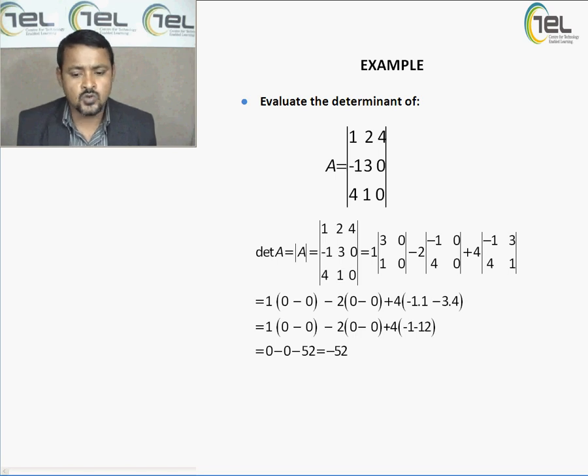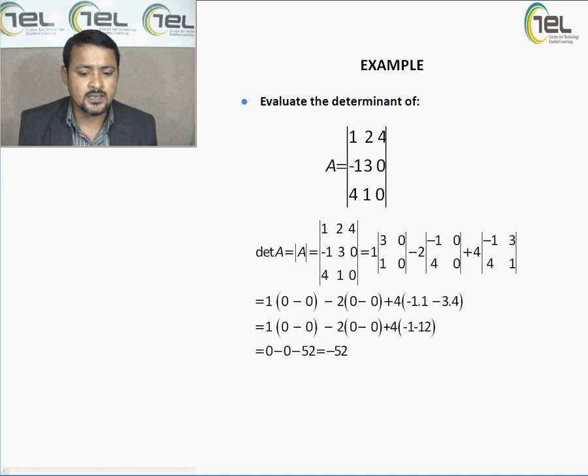The next number is 2, that is positive, so minus 2 into the minor of 2. Eliminating the first row and the second column again, we find -1 and 0 and 4 and 0. Then we put the sign plus. The third number is again positive 4, so we write positive 4. Then we eliminate the first row and the third column, so we get -1 and 3 and 4 and 1.